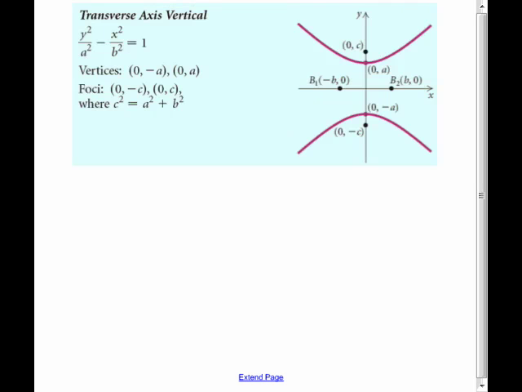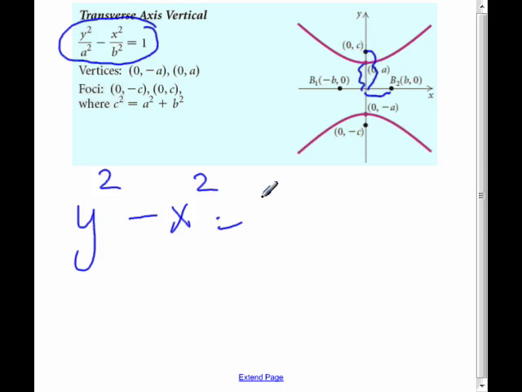Here's the other hyperbola that's the other way. So take a look, same kind of thing. I've got a distance for C, I've got a distance for A, a distance out this way for B. It's just that the hyperbola is oriented another way. But take a close look at the equation. Let me write it out bigger here. You'll notice that there's a difference as to where something is placed.